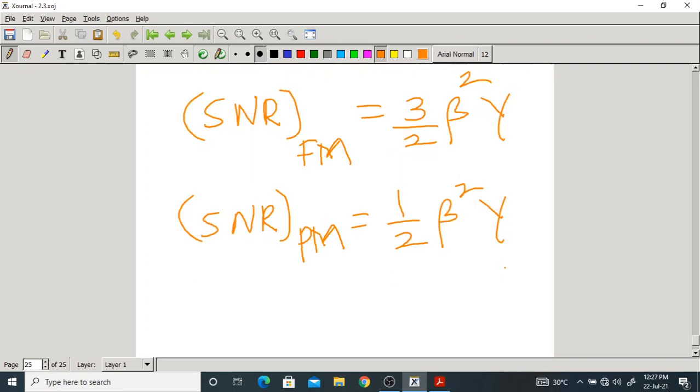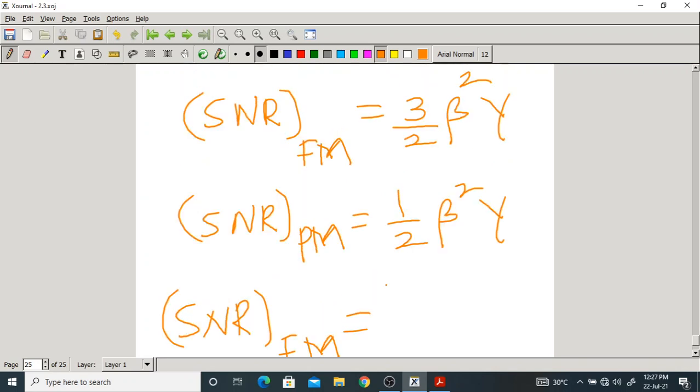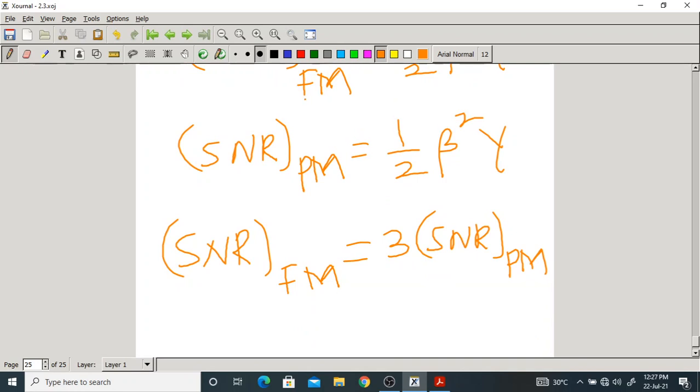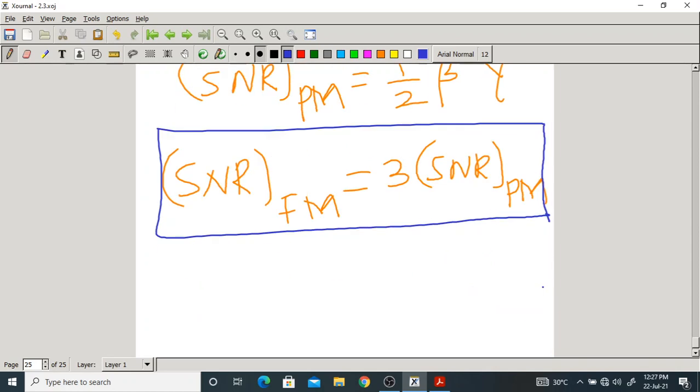So SNR of FM is 3 times SNR of PM. Which is superior?